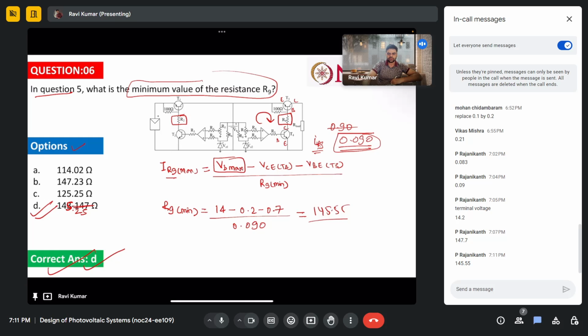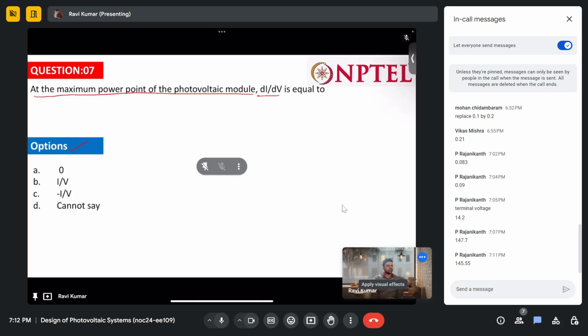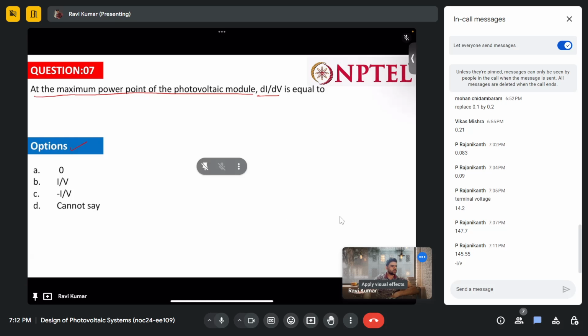Let's move to the next question, which says at the maximum power point of a photovoltaic module, dI by dV equals to, these are the options. You just need to tell me what this dI by dV will be equal to at the maximum power point condition.